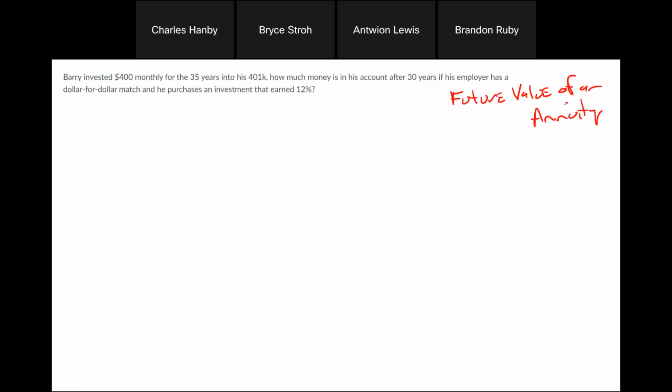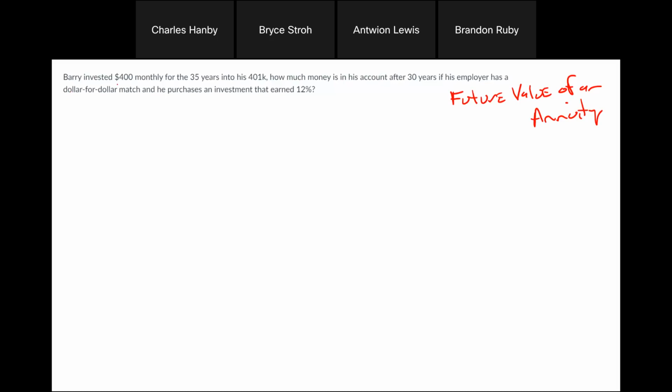This is what we call the time value of money: the idea that a dollar today is worth more than a dollar in the future. That's why you need to be compensated with a return or interest earnings.